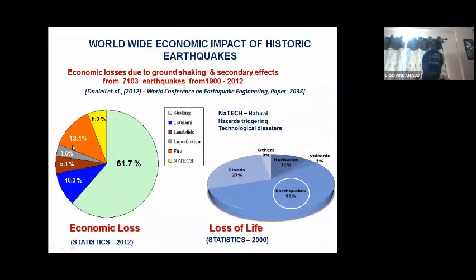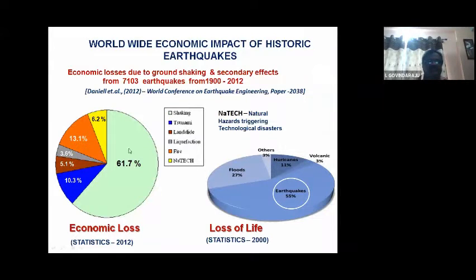Whenever an earthquake is triggered, the first damages seen, particularly to lifeline facilities like water supply, are complete loss, and fire will break out. All these things happen during an earthquake.